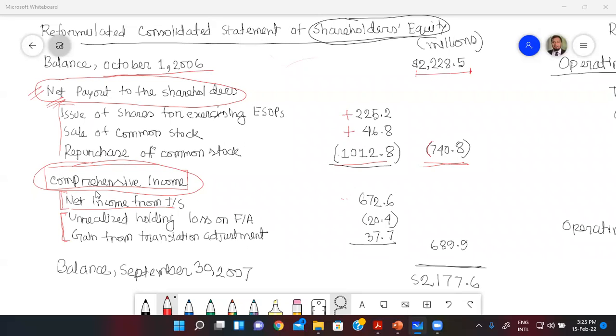Next, unrealized holding loss net, which is after the net earnings. You see a footnote on page number 331 that they mentioned the unrealized holding loss in comprehensive income refers to losses on available for sale debt securities. So unrealized losses coming from some financial assets.